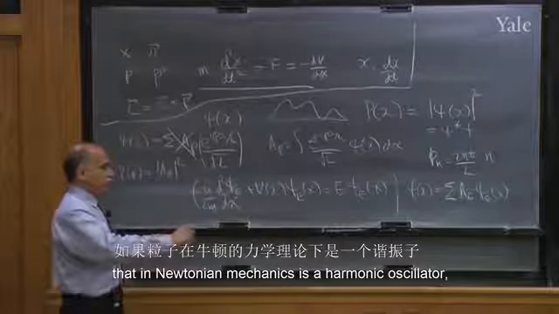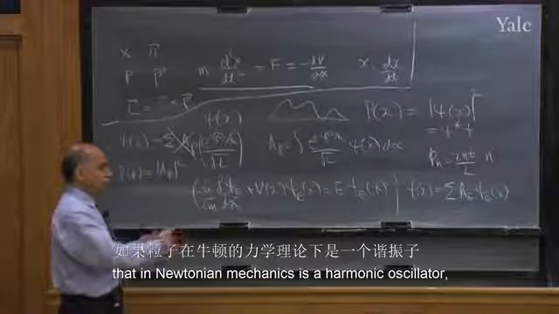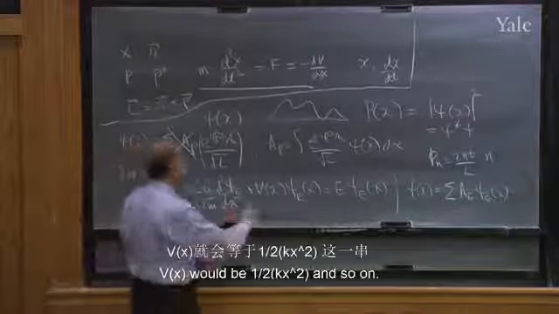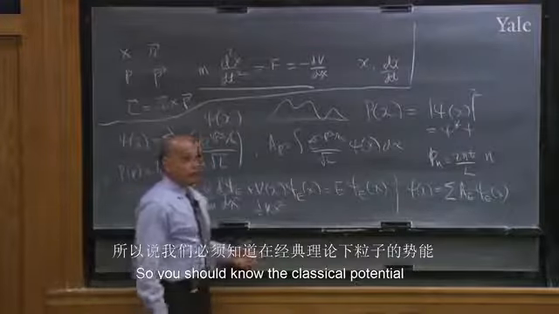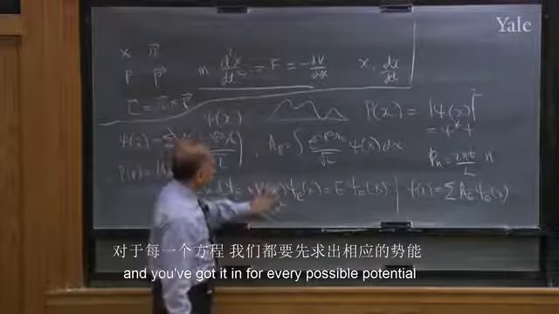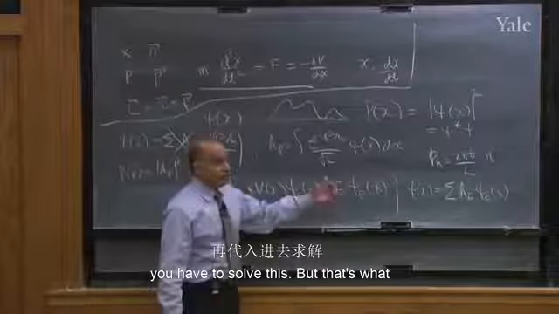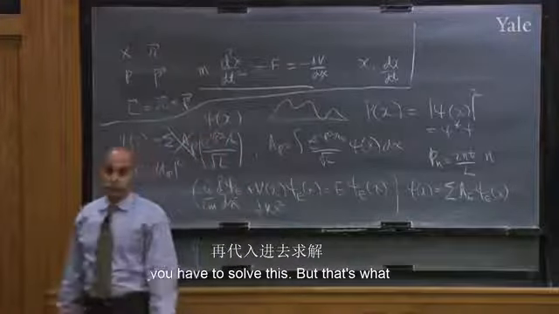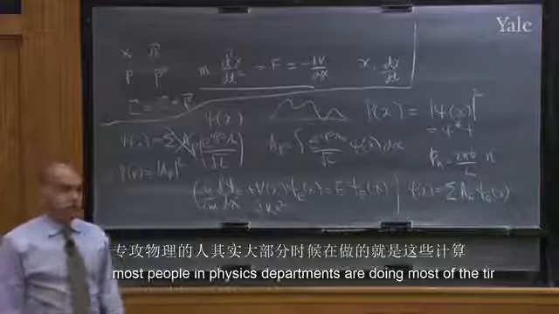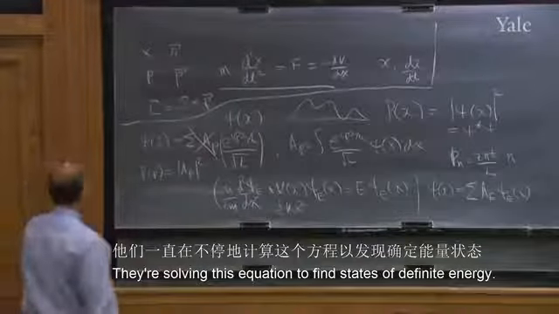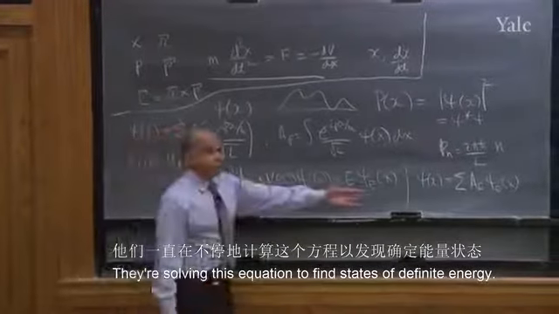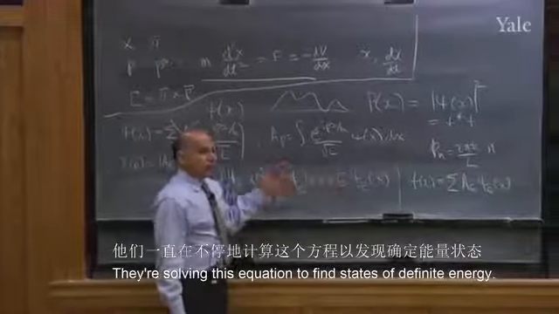If it's a particle that in Newtonian mechanics is a harmonic oscillator, V of x will be 1/2 kx squared, and so on. So you should know the classical potential, and you've got to put it in. For every possible potential, you have to solve this. But that's what most people in physics departments are doing most of the time. They're solving this equation to find states of definite energy.